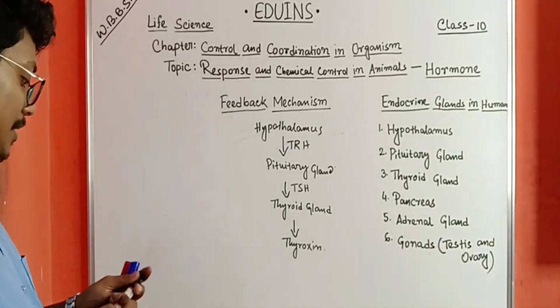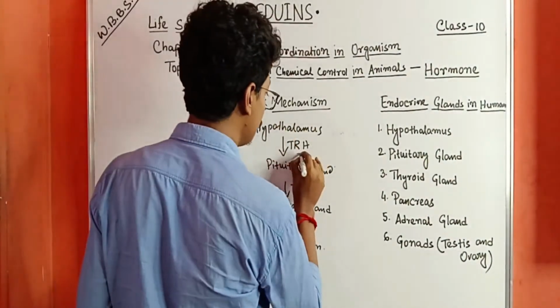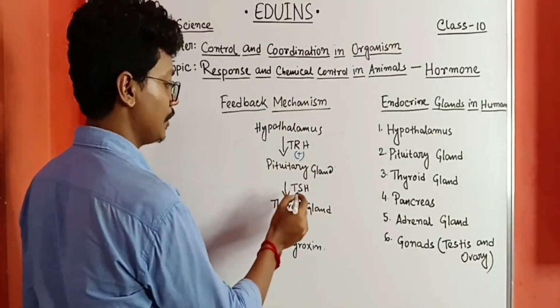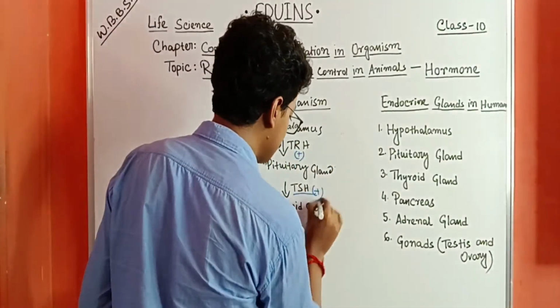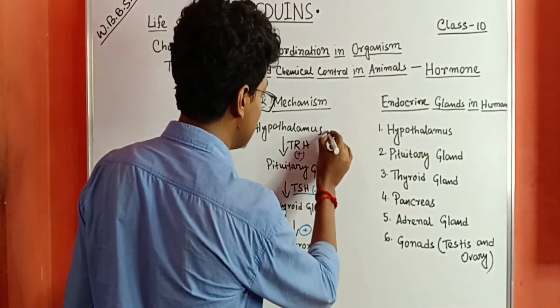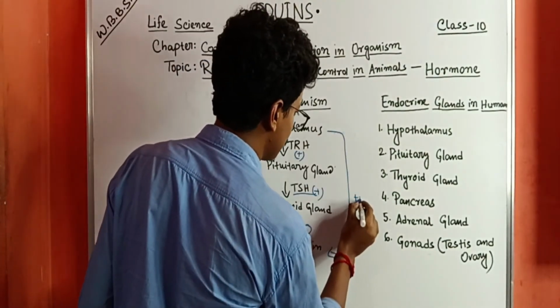So this is the positive feedback. The hypothalamus stimulates the pituitary gland for the release of thyroid stimulating hormone. This thyroid stimulating hormone stimulates the thyroid gland to release thyroxine. So this is totally a positive feedback.